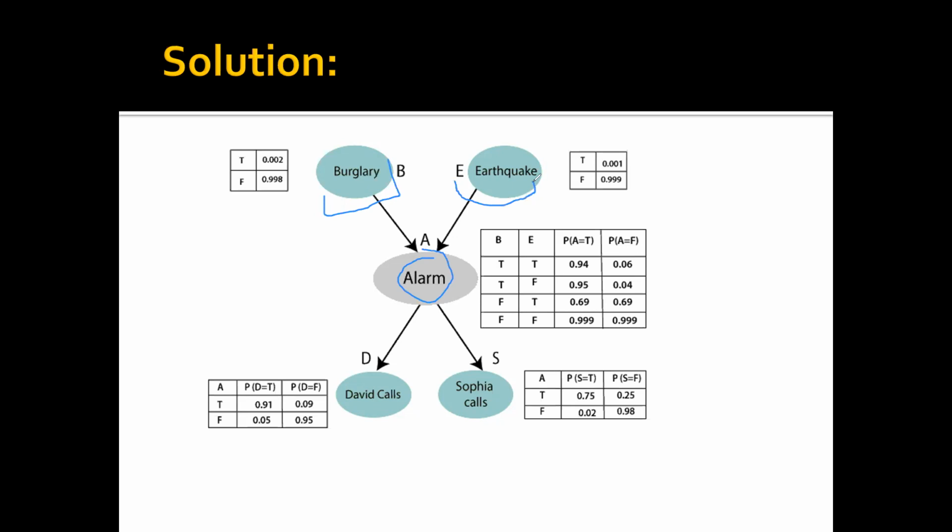Without the combination of B and E, we cannot find the probability of A, because in the table also we can see this is B and this is E.